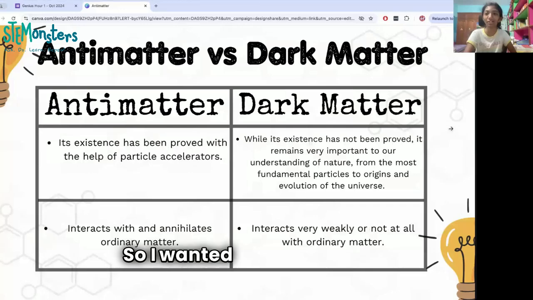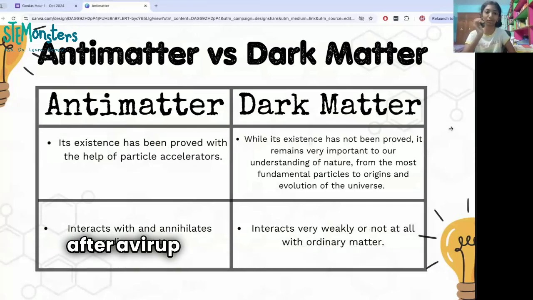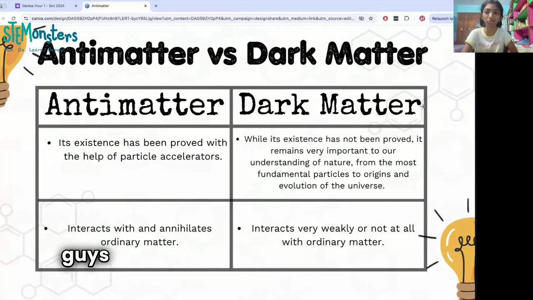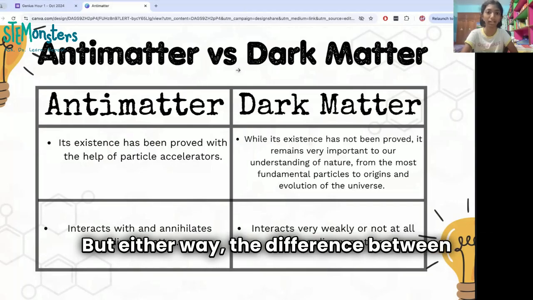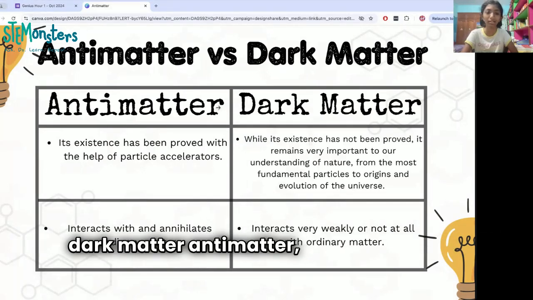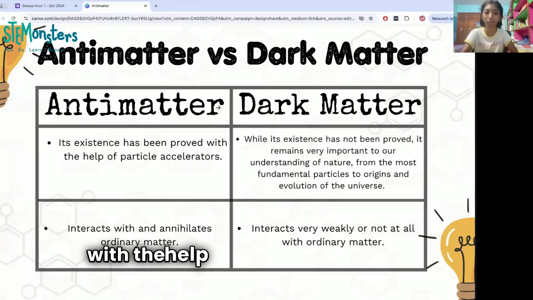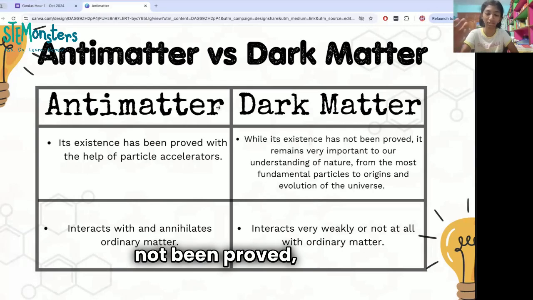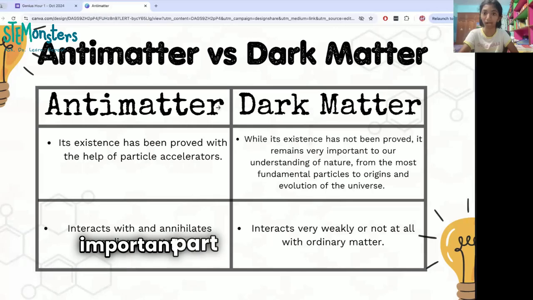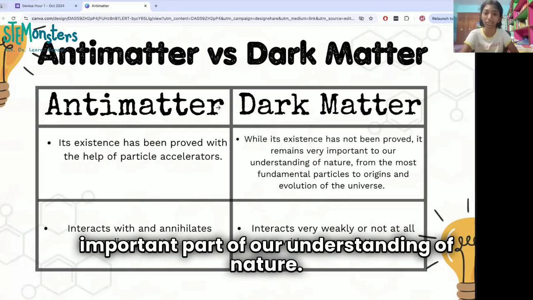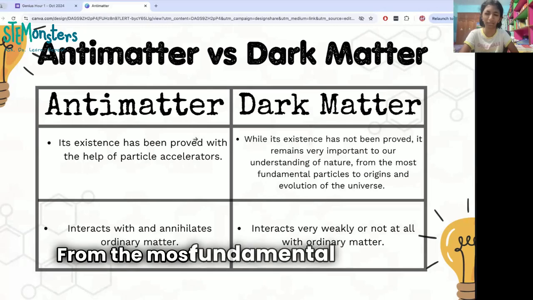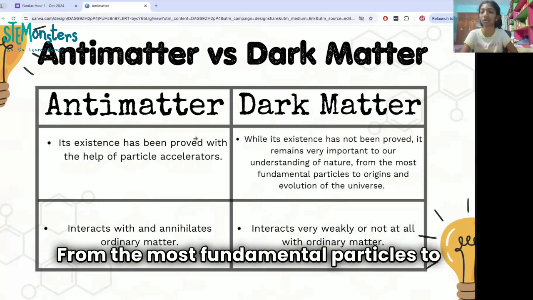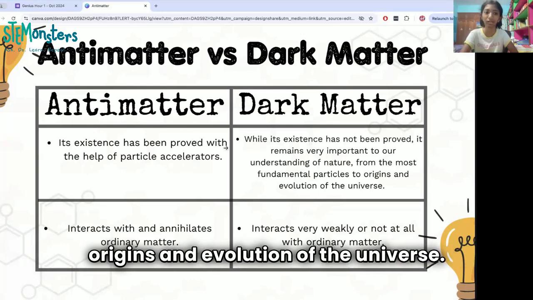I wanted to do this after Avirup had presented, because then you guys would know more about dark matter. But either way, here is the difference between antimatter and dark matter. Antimatter's existence has been proved with the help of particle accelerators. But dark matter, while its existence has not been proved, is a very important part of our understanding of nature, from the most fundamental particles to the origins and evolution of the universe.